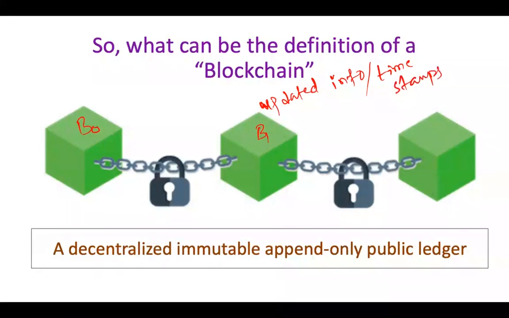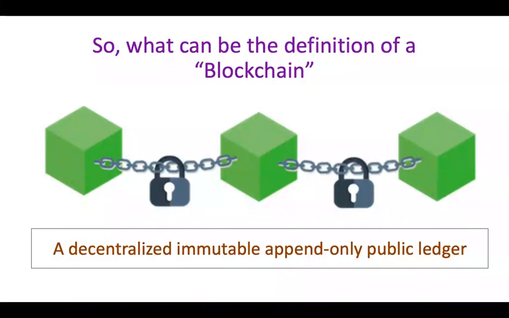So how do we achieve these timestamps? What can be defined from this? We can say that blockchain is a decentralized, immutable, append-only public ledger, and it is decentralized as well as distributed.